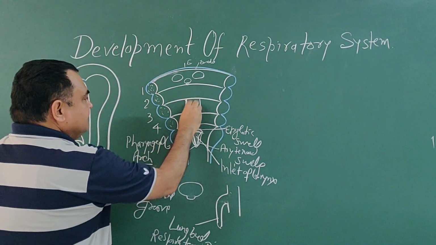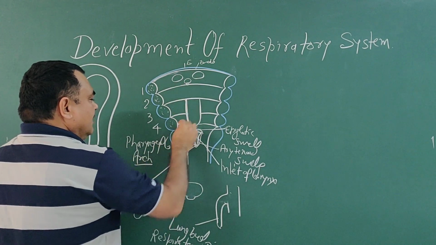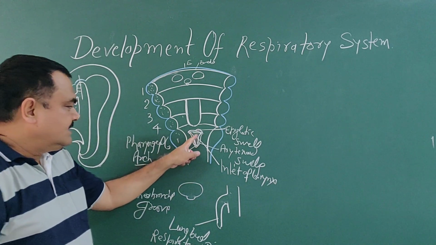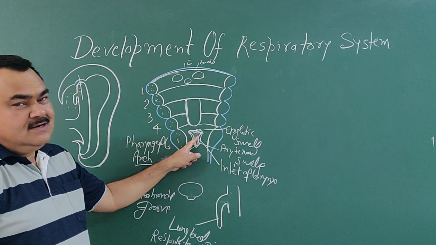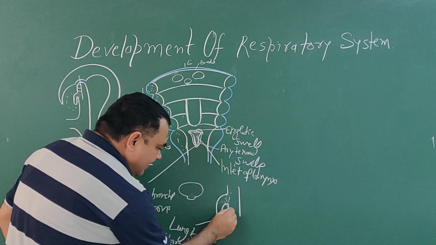This upper part, this part and this part join to form the tongue. So here the tongue is formed, and here the epiglottis and laryngeal opening are formed.